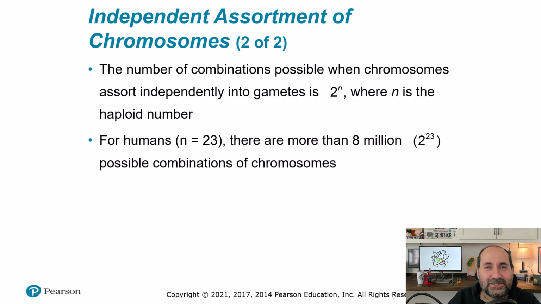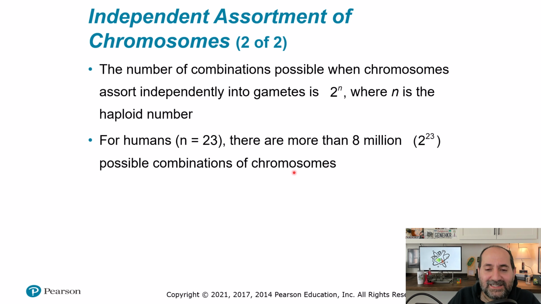Remember what I said earlier during Metaphase I, that you can figure out how many variations there could be during Metaphase I by taking 2 to the power of the number of different chromosomes there are. So for humans, we have 23 different chromosomes. So 2 to the power of 23 is over 8 million different combinations of chromosomes.